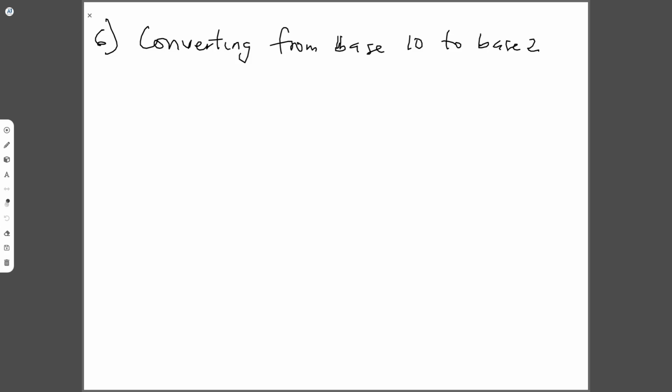To convert a number from base 10 to base 2, we use the division approach, the long division approach. So we are going to be dividing the number given by base 2.